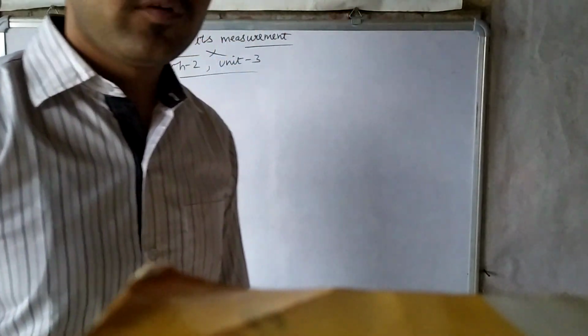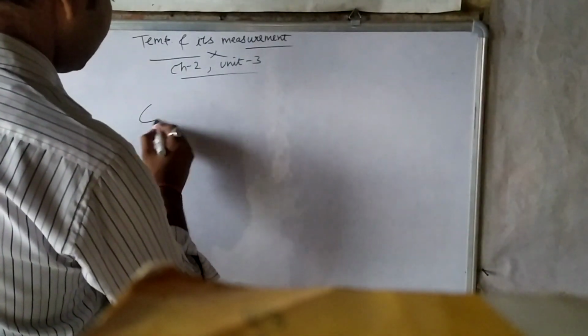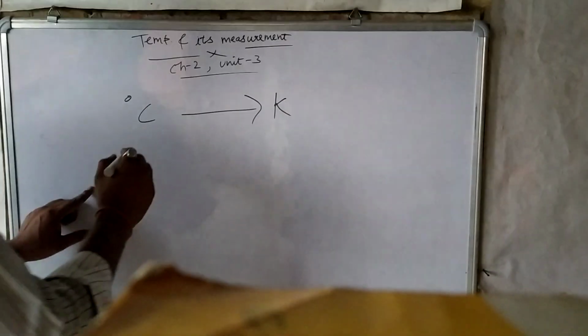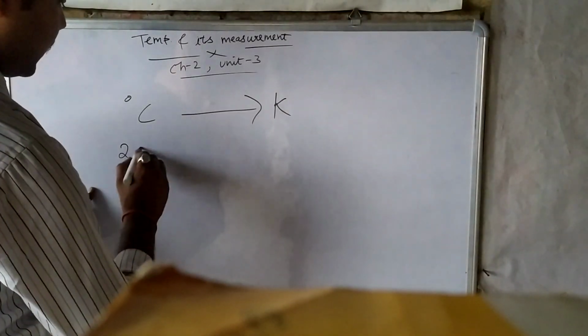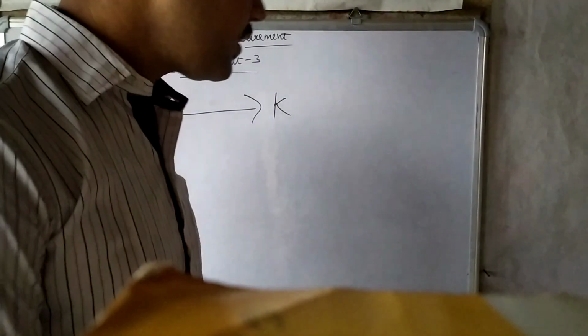Now we have to study the conversions from Celsius to Kelvin scale. Understand? When we convert from degree Celsius to Kelvin, for example, we have 20 degrees Celsius and we want to convert it to the Kelvin scale.